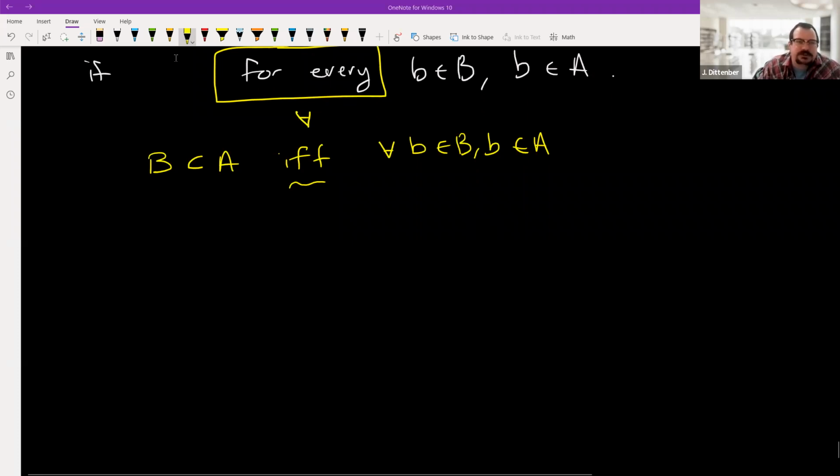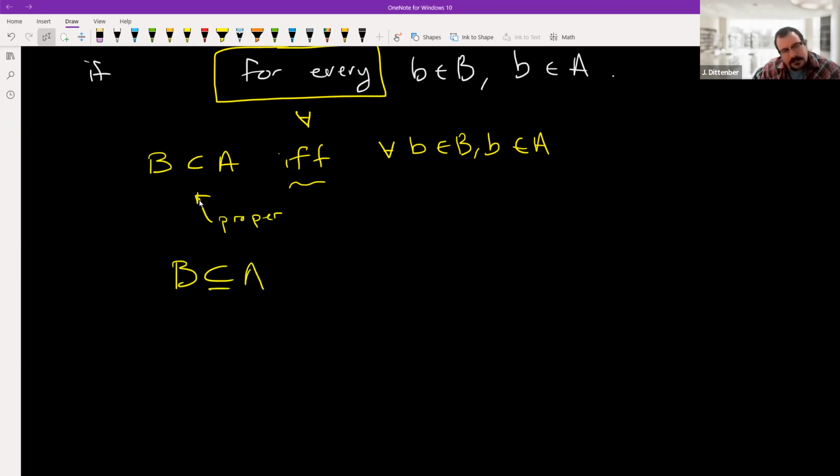So this would be considered a proper subset if I write it like this, proper. But it could also be like this, meaning that, and by the way, we also use the word contain, and I could write it like this as well.